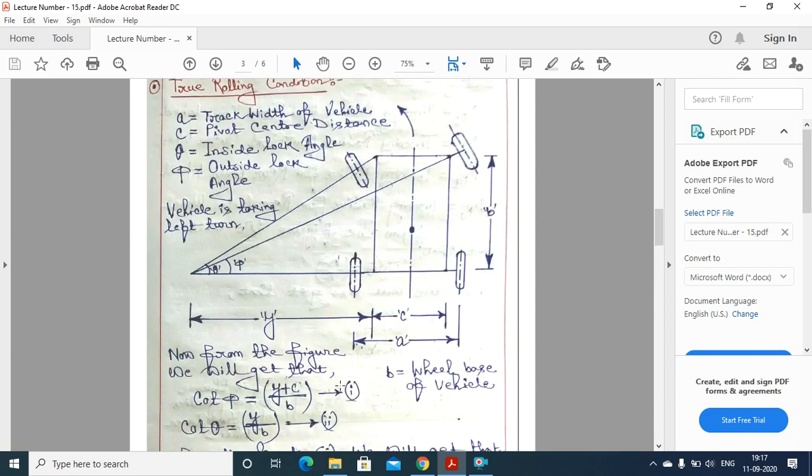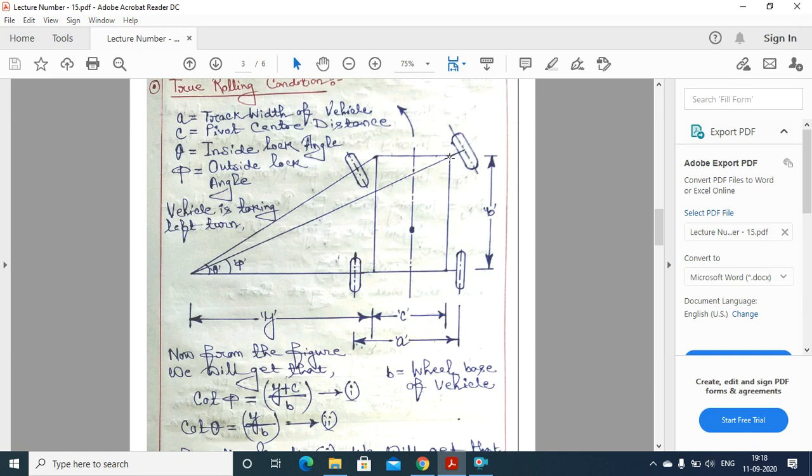Let's see. If we consider that the distance from the instantaneous center to the pivot center is z, then what is the formula of sine phi?